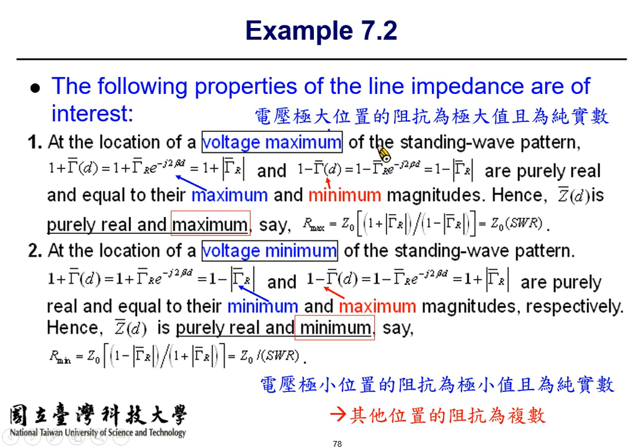And it's actually Z sub 0, the characteristic impedance, over SWR. Okay? And you can find another interesting relationship: Z max times Z min will be what? The square of the characteristic impedance.